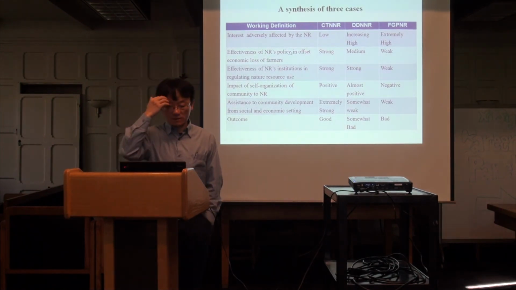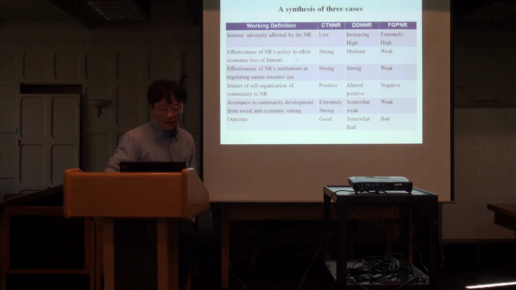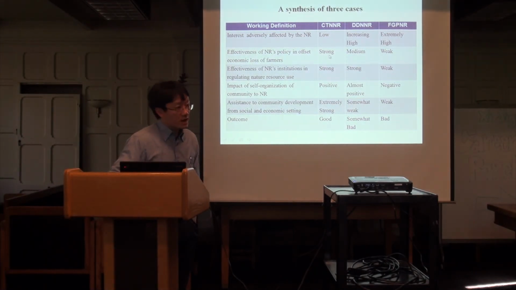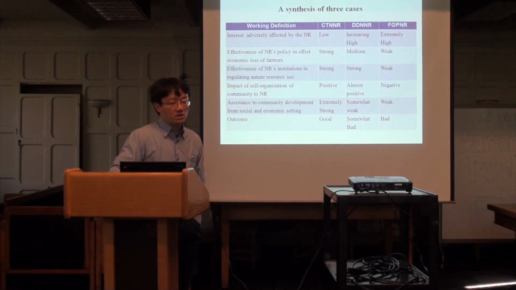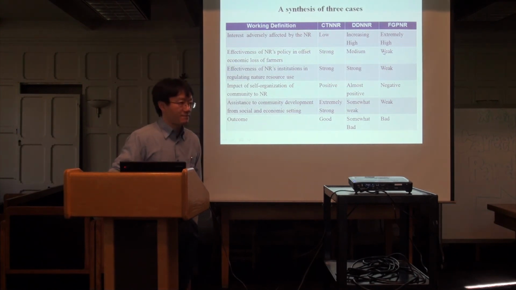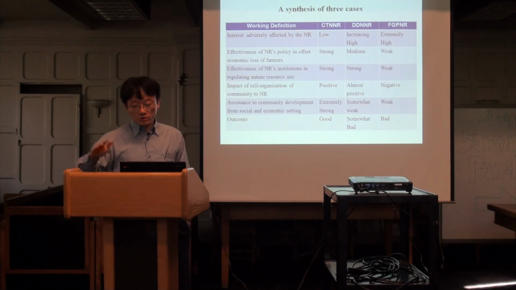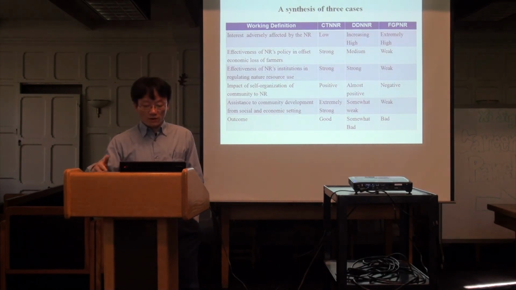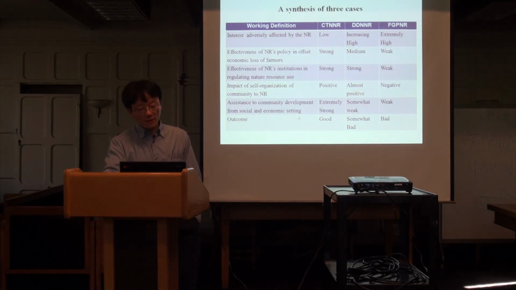That's the first aspect. The second is the effectiveness of the nature reserve's policy in offsetting the economic loss of the farmers. For the first one, they do have very useful measures to offset such negative impacts. But for the third one, they do not, because they do not have a good connection between the community and the nature reserve, and the nature reserve administration is not so powerful in offering such economic compensation to the community.